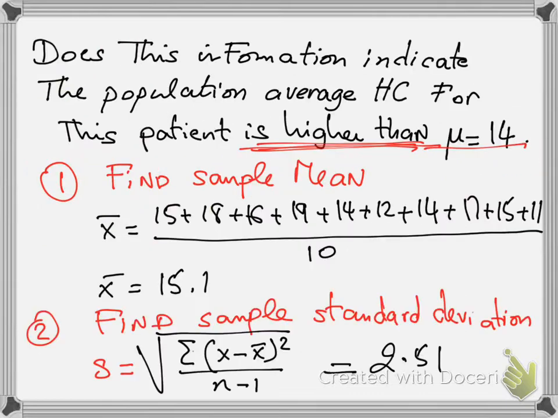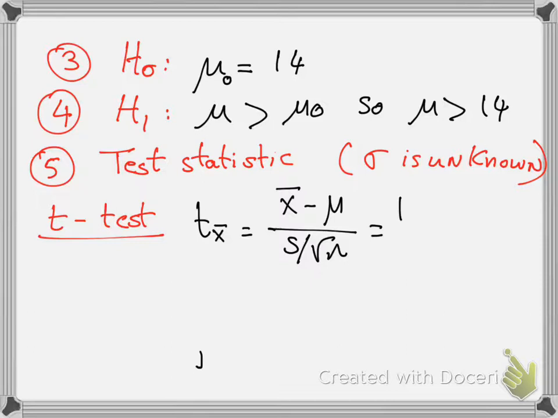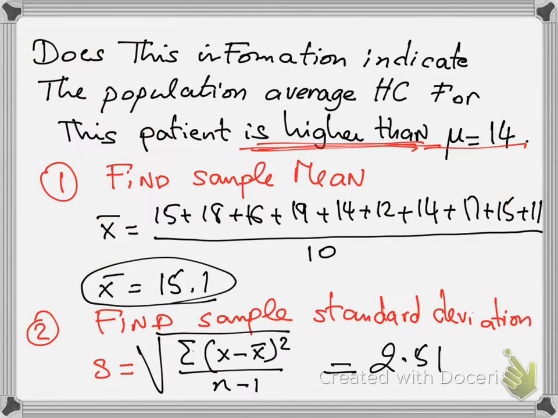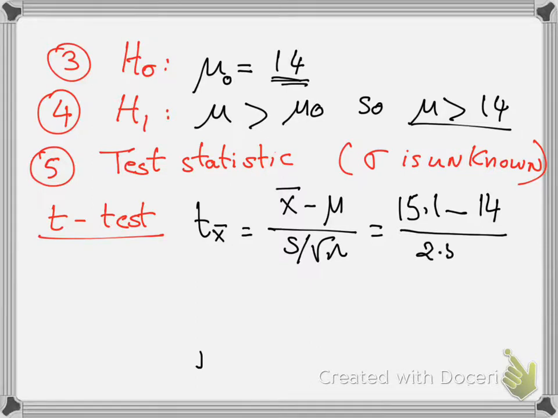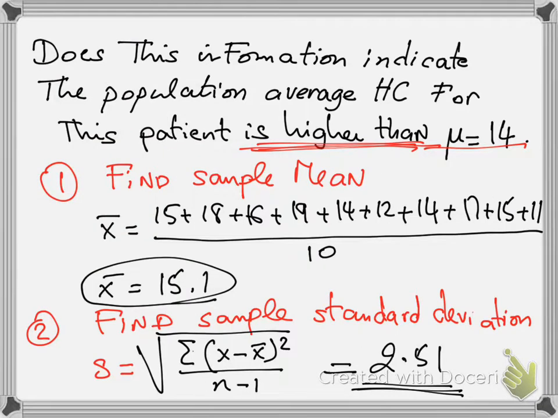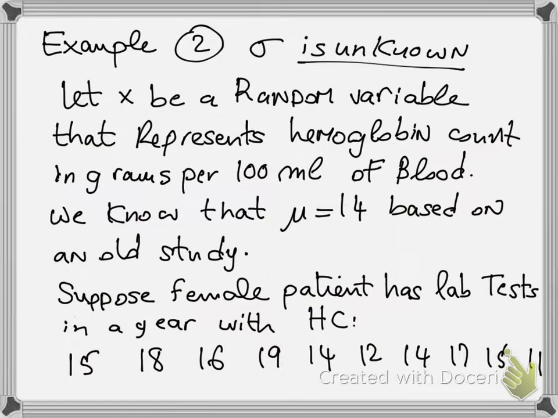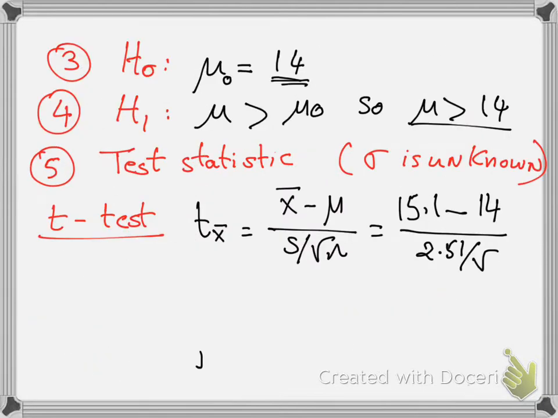So x bar, the average of the sample here, is 15.2, so it's 15.2 minus mu 0, which is 14, over s, the standard deviation, which is 2.51, over square root of what? Well, she had 10 lab tests, so the size of the sample here is 10, so it's over square root of 10.